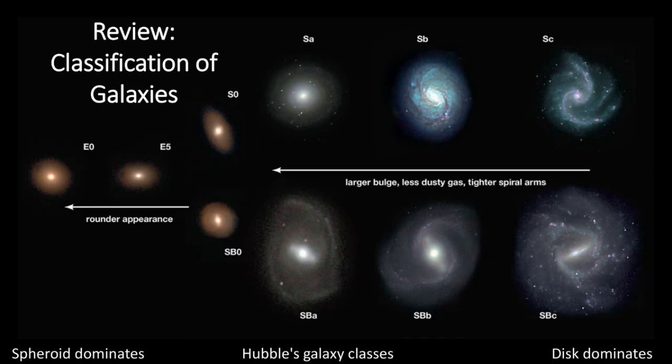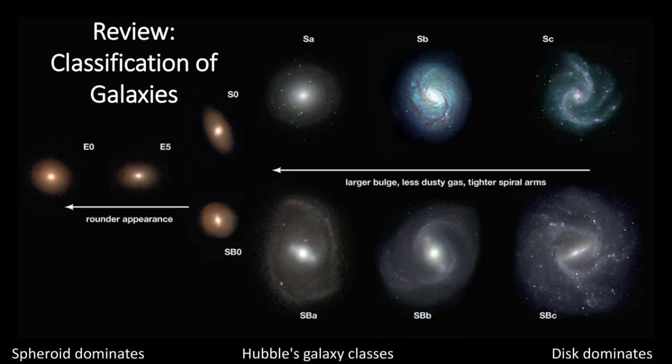So to start, we talked about galaxies last time, and there are different types. There's the spiral galaxies, which some of them have bars and some of them don't. And within the spiral type of galaxies, there's different amounts of spiral arms that you can have, and whether they're very prominent or not.